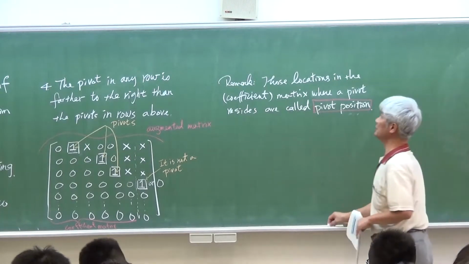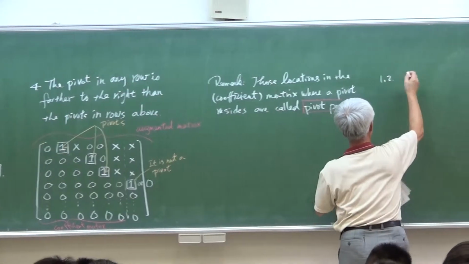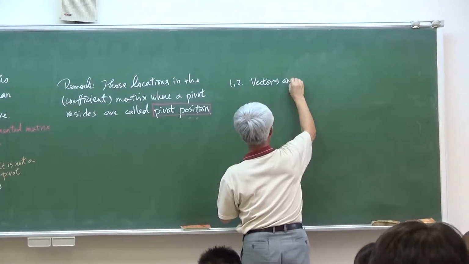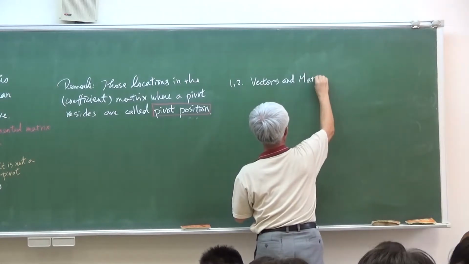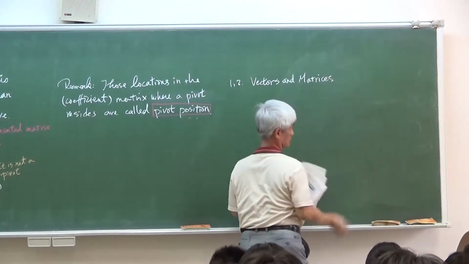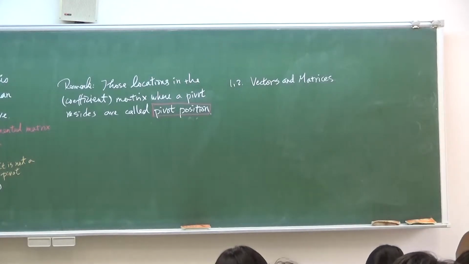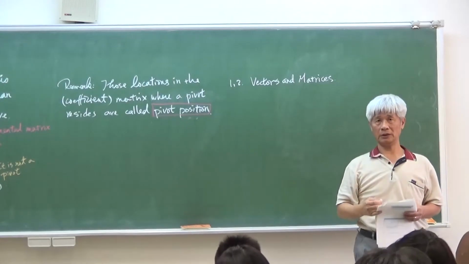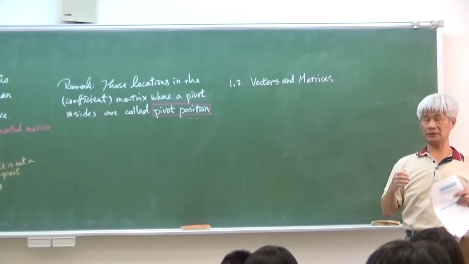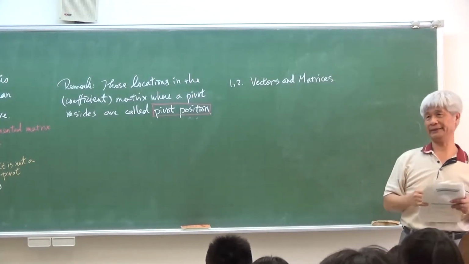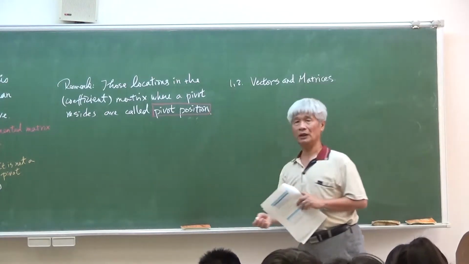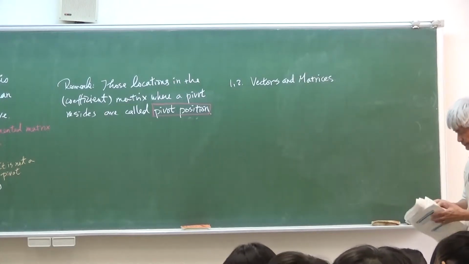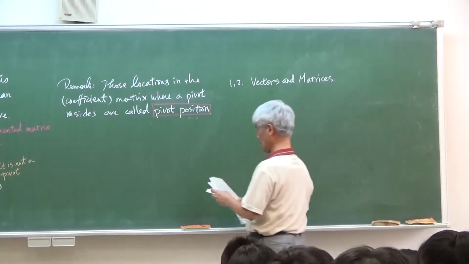So if no further questions, let's move to the second section. We already used matrix notation to represent the system of linear equations. So in this section we will examine this technique further.